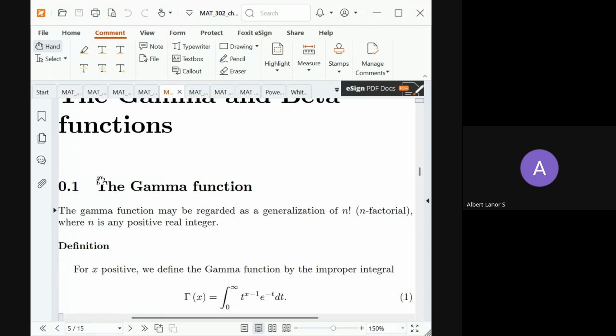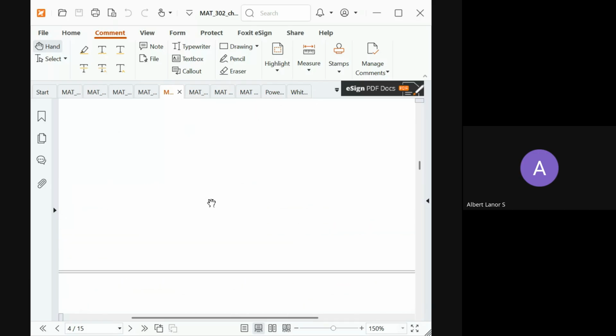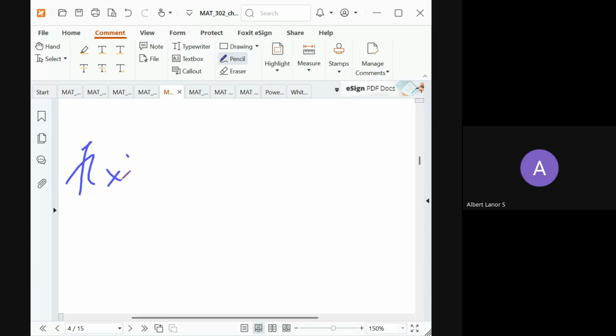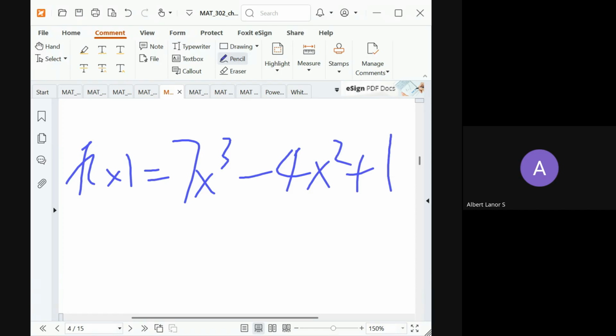Now, the gamma function. Just like polynomials, what is a polynomial? If I see a function like f of x equals 7x cubed minus 4x squared plus 1, you know straightforward that this function is a polynomial function.